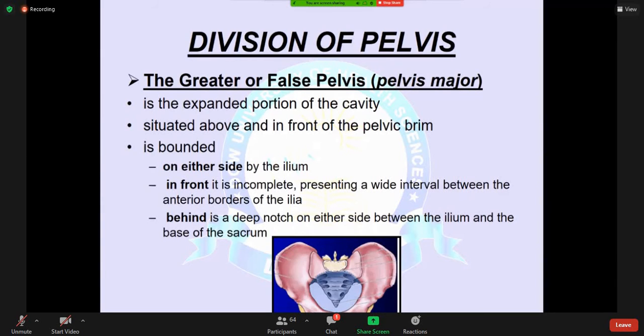In front, we have this area which is incomplete, deficient in any bony structure, forming a wide interval between the anterior borders. These would be the anterior borders of the iliac bone, and this is widely left open. Posteriorly, we have a wide notch lying between the two iliac bones, and that notch is partly filled up by the base of the sacrum over here.